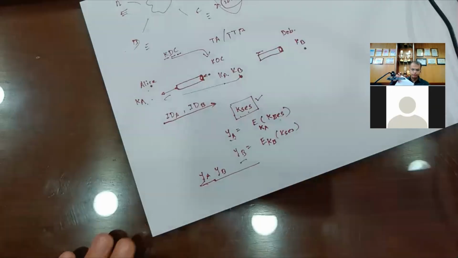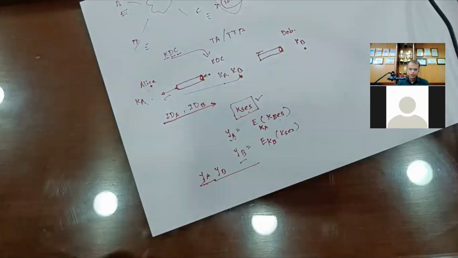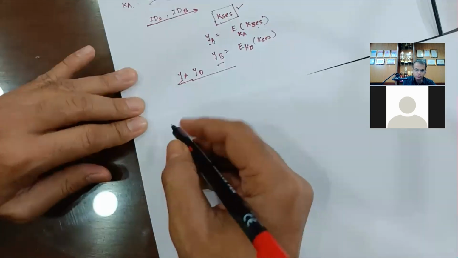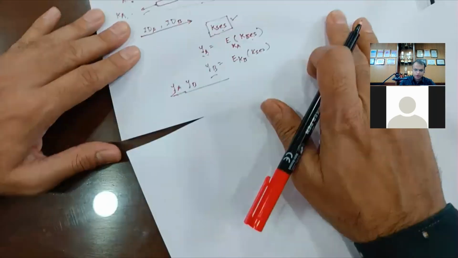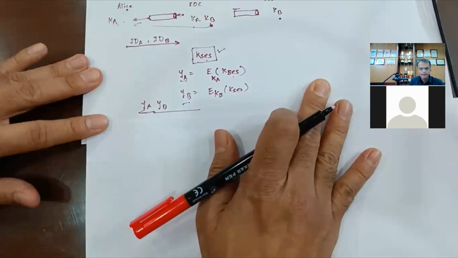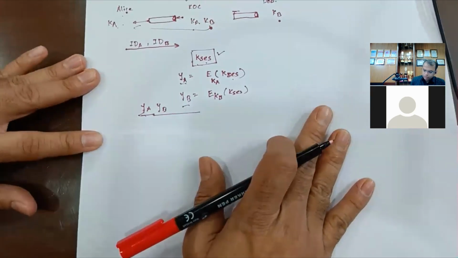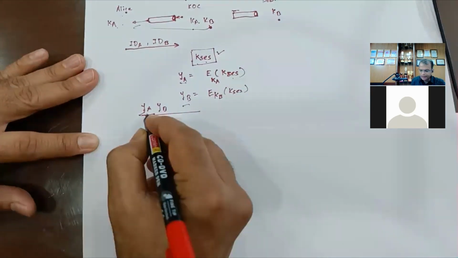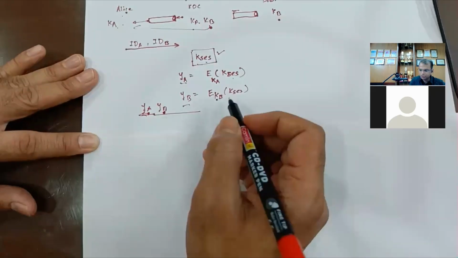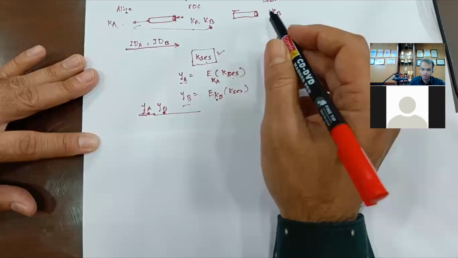She can decrypt YA using her key. So she can only decrypt YA, but she can't do anything with YB because she doesn't have KB. KB is only with Bob.